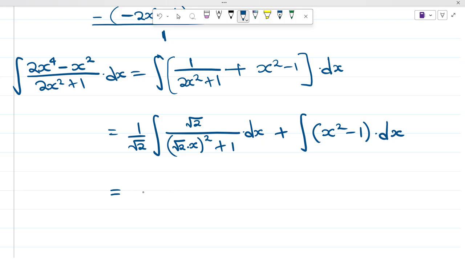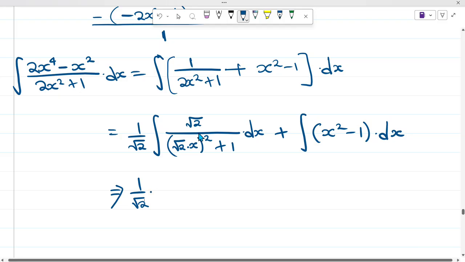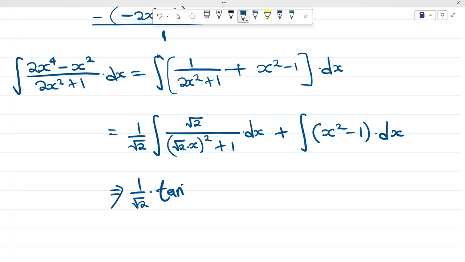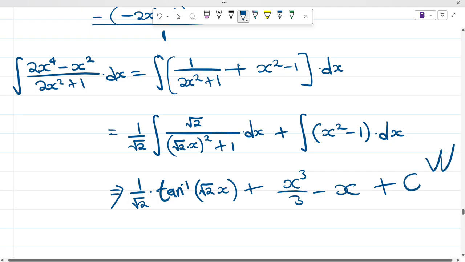So I can say that this will then be equivalent to, I'm going to take the 1 over root 2 out to my answer. Then because I have a 1 here, I don't have to write 1 over 1 outside there, so I can just write tan inverse of just root 2 of x, then plus I integrate x squared, that's just going to be x cubed over 3 minus x plus c, then ta-da, I have my answer.